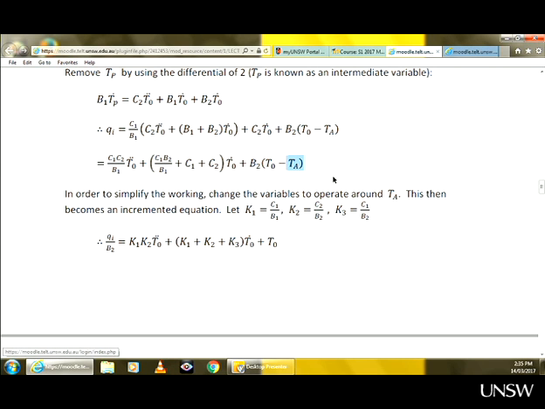What do we do about that? All I can suggest is to decide that TA is the reference temperature for this particular problem. So if you do that, that means all other temperatures are observed relative to TA. So how does the temperature of the water tank change relative to TA, relative to the surrounding temperature?